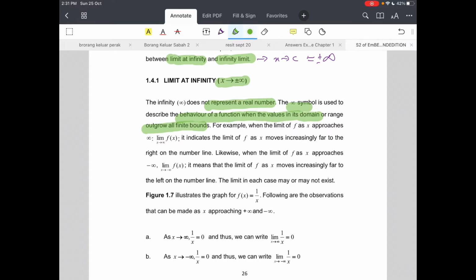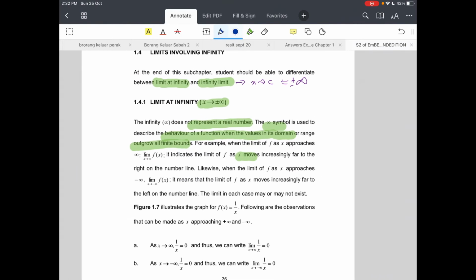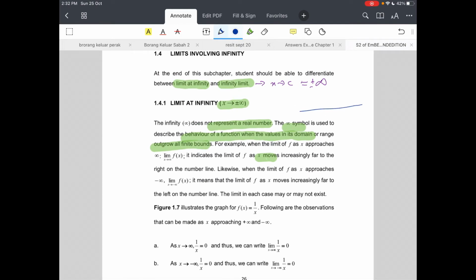Let me change the color first and draw the number line here. This is x, this is f(x) or y.